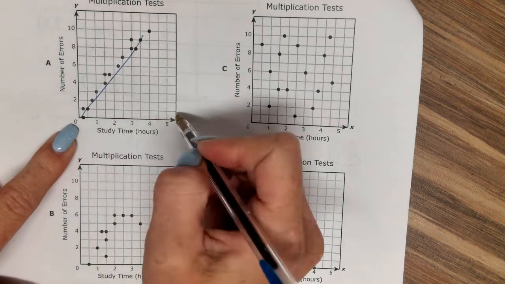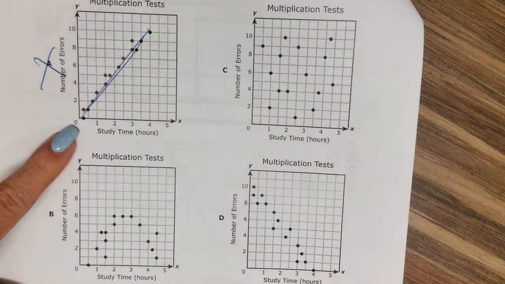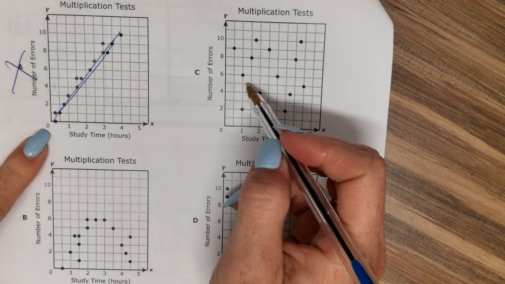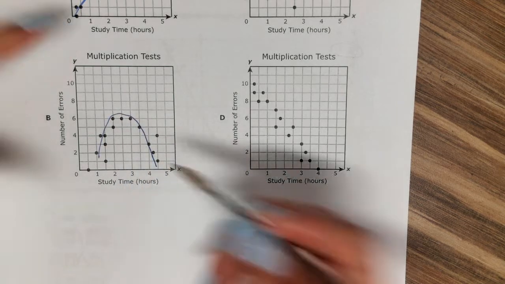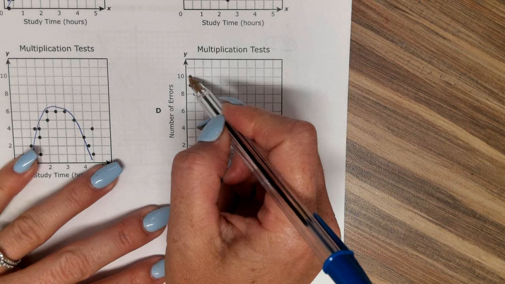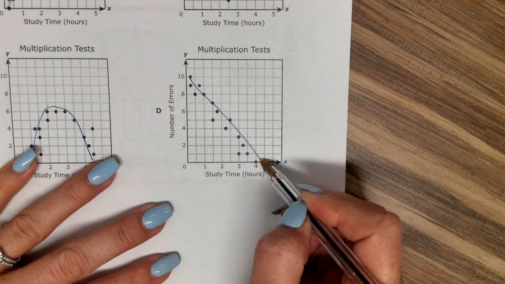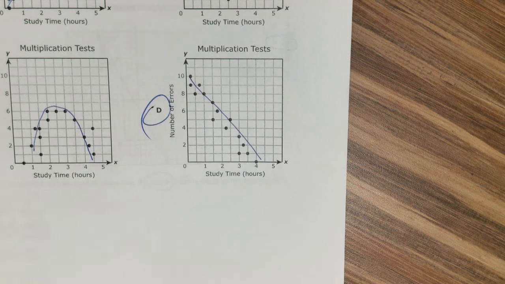As I go up on the x-axis, I'm going up on the y-axis. What's happening here? Nothing. What's happening here? Something, but it's like up and down. What's happening here? As I study more, my errors go down. Everybody good?